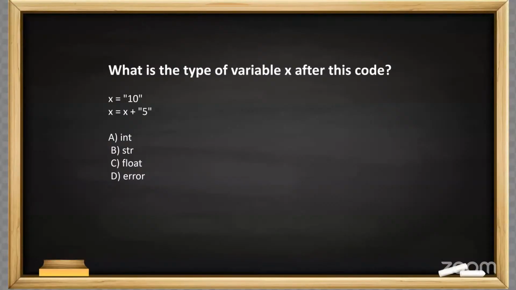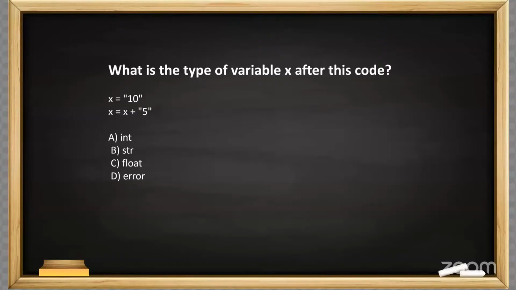What is the type of variable X after this code is executed? It's a string. Error. I'm still not convinced by the answers.